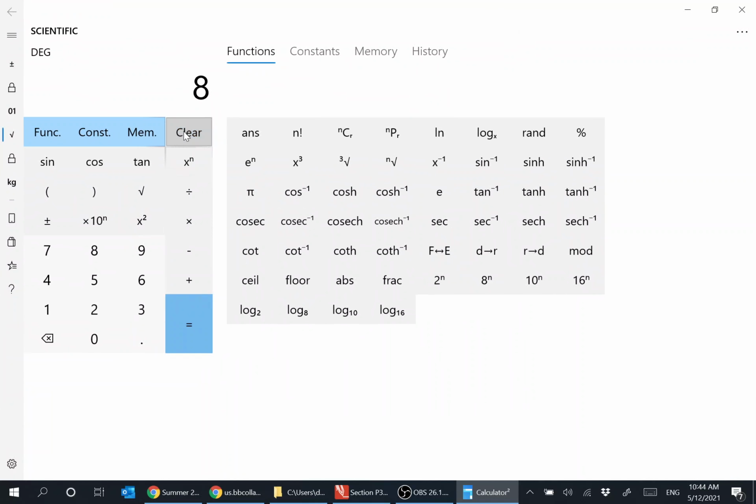If I wanted to do 1.235 times 10 to the 9th, let's see if it'll go to a billion. Yeah, so 1,235,000,000. I don't know how far it goes. 1.2 times 10 to the 12th, that's a trillion. Oh, it does that too.